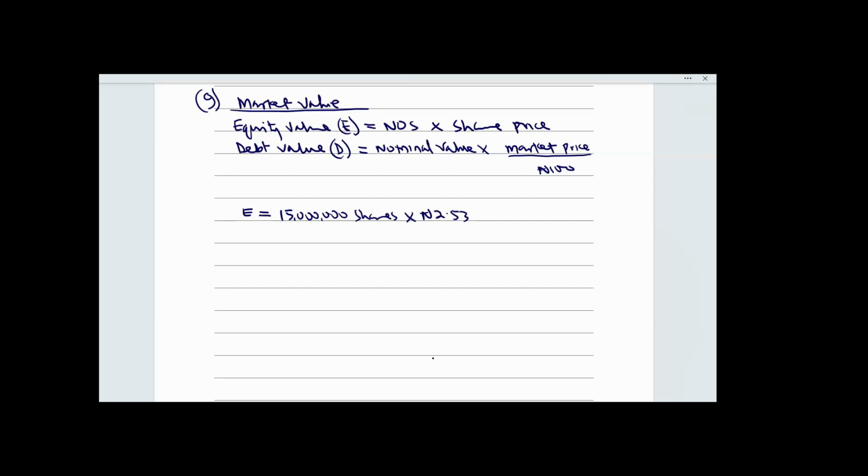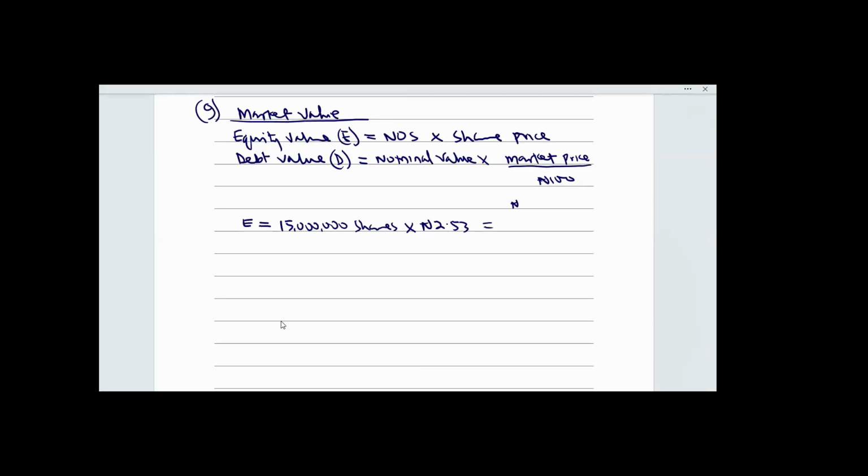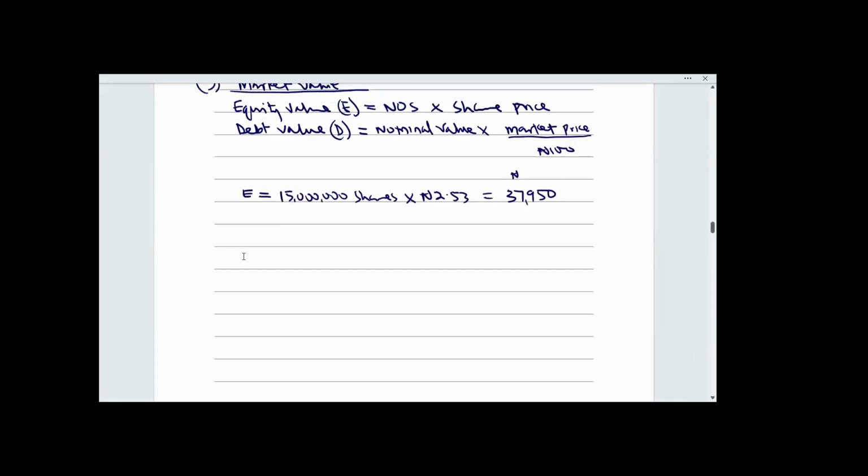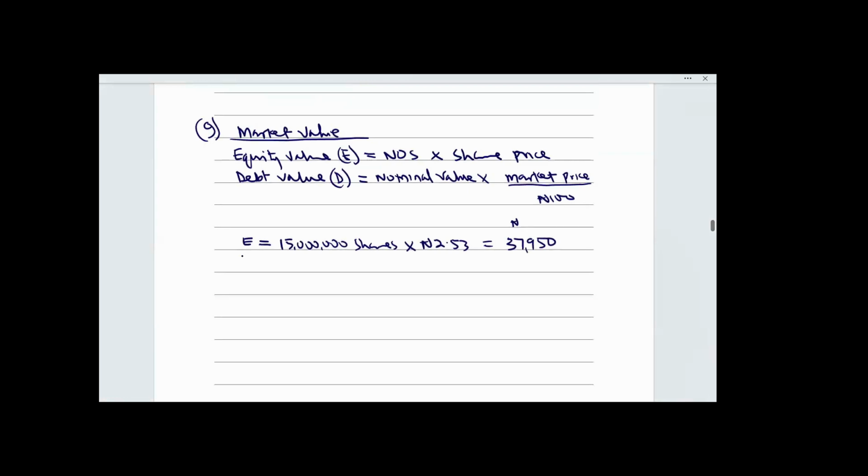Therefore, what do we have here? 15 million multiplied by 2.53 equals 37,950. So that will give us the equity value of Cantona. Okay, I did not put Cantona here.